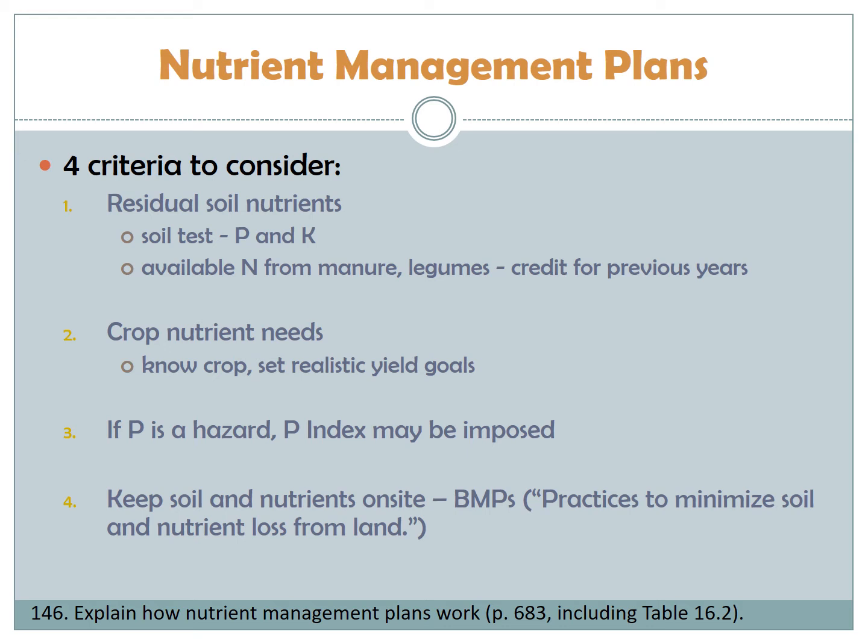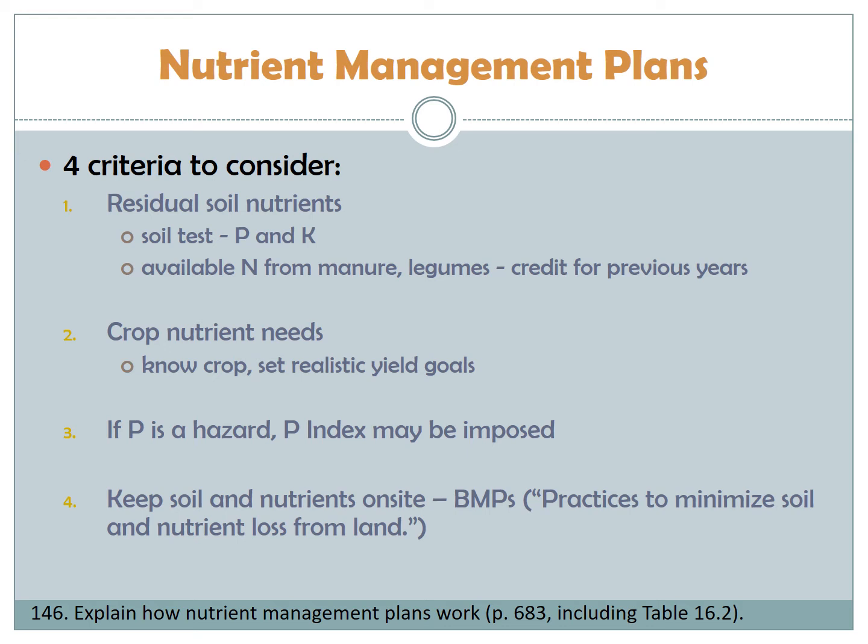Now, those yields change on the soil type and the location. There's other states that can get higher yields because they have better soils and don't have the water management issues that we have. If phosphorus is a hazard, a phosphorus index may be imposed, which is this really cool basic checkbox system where you list all of the amazing environmentally friendly practices that you are utilizing on your farm, and it helps to indicate how well your phosphorus cycle is functioning on the farm.